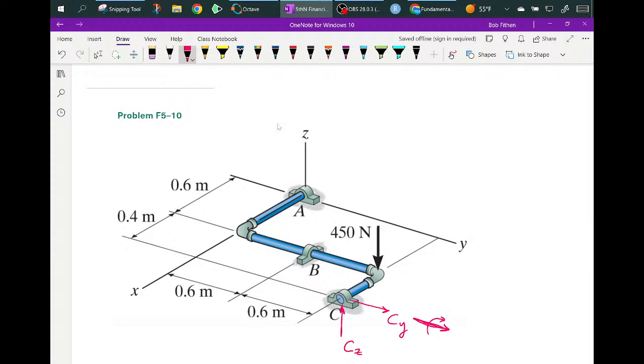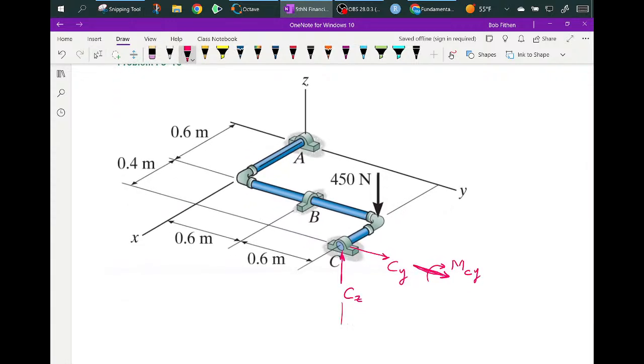In other words, I'll call it moment MC about Y, and I should be able to take a moment here. However, he may not like you to do this, even though the moment about the C, this would be about Z. You can carry that. So I'm purposely causing problems here.